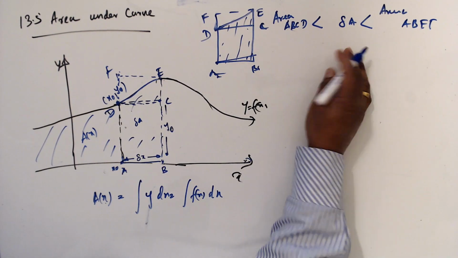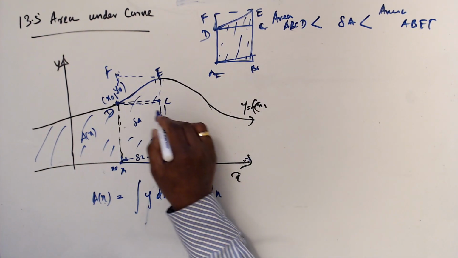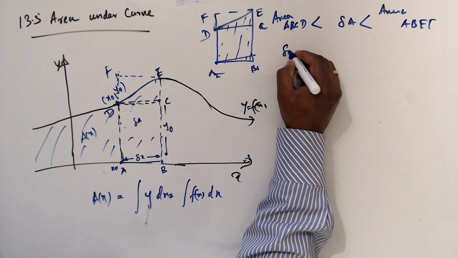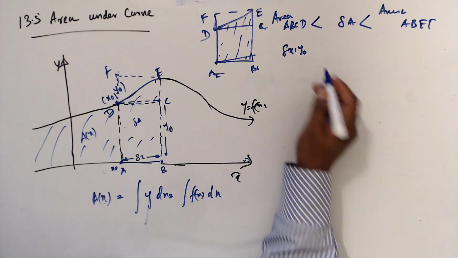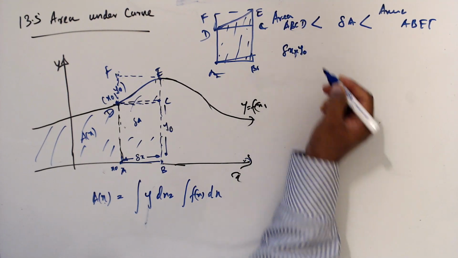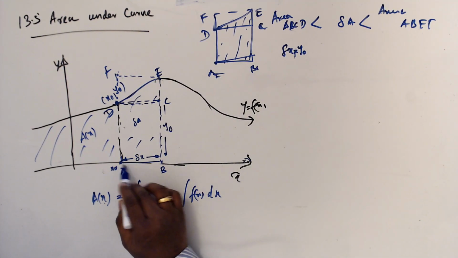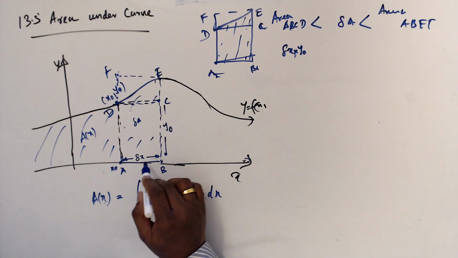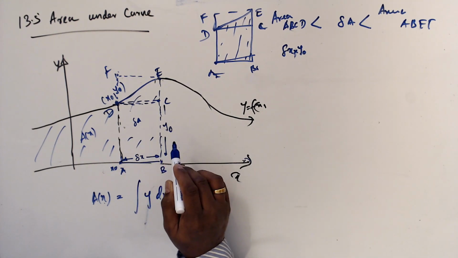Now we'll find the area. Area of A, B, C, D is going to be delta x times y naught, because for a rectangle, length is multiplied by width.